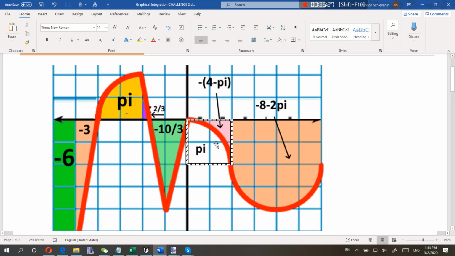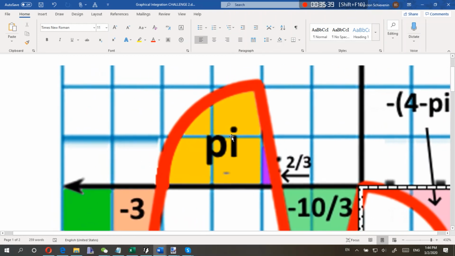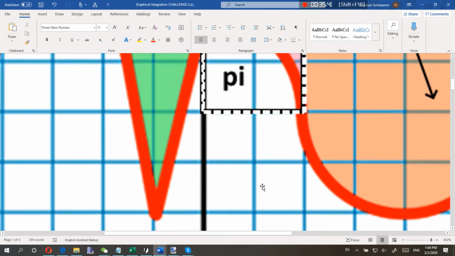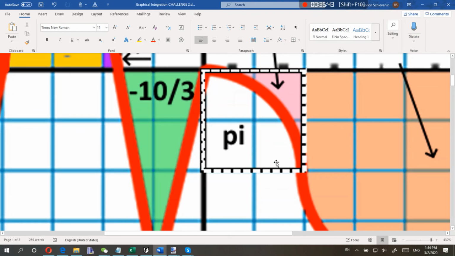How did you get -4 minus pi for the area of this pink area? Yeah. So if I look at this box that I've cut out, this box would have an area total of 4 units, right? Yeah. Okay, and then I'm cutting out this quarter circle, which has a radius of 2.